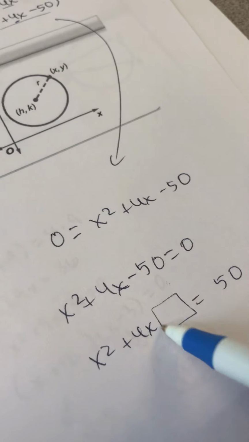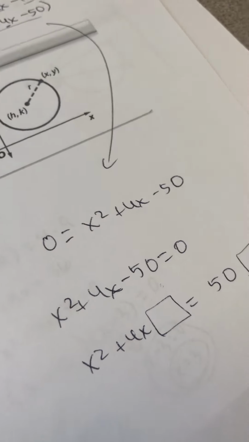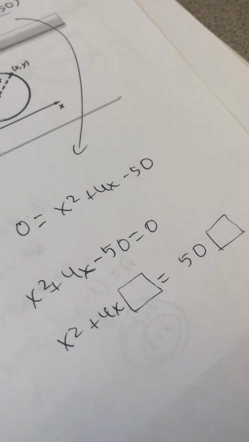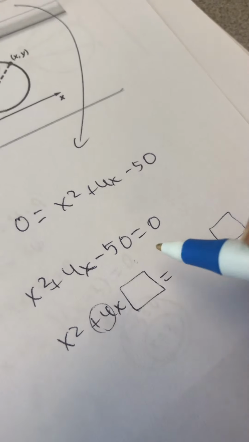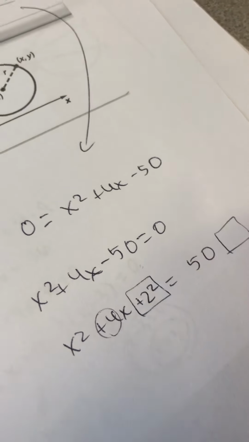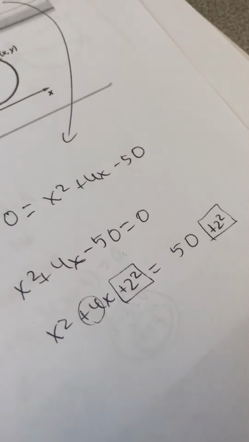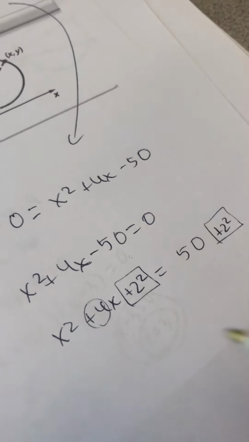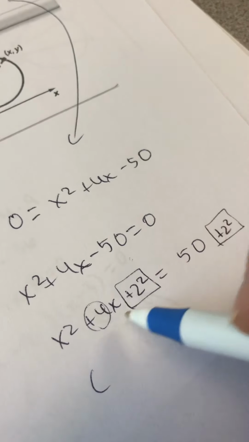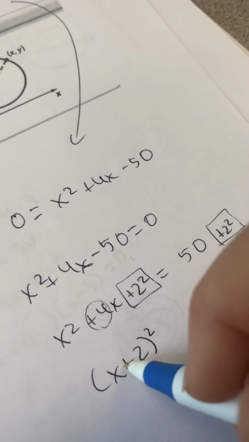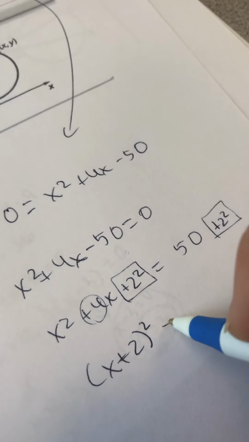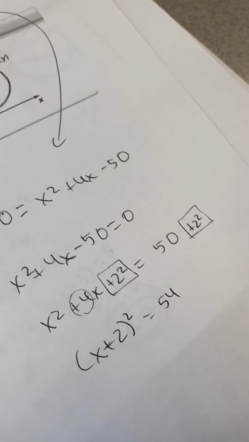Notice I left a little space because my goal here when I complete the square is to create a perfect square trinomial. Take half of your b, which is 2, and square that. So we are now adding 2 squared to both sides.